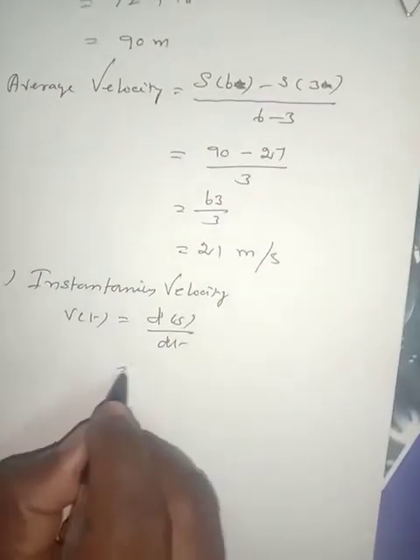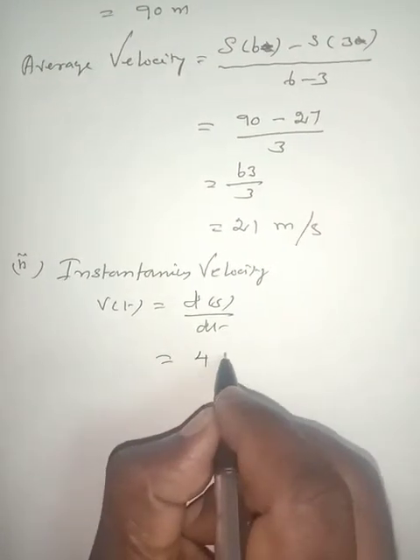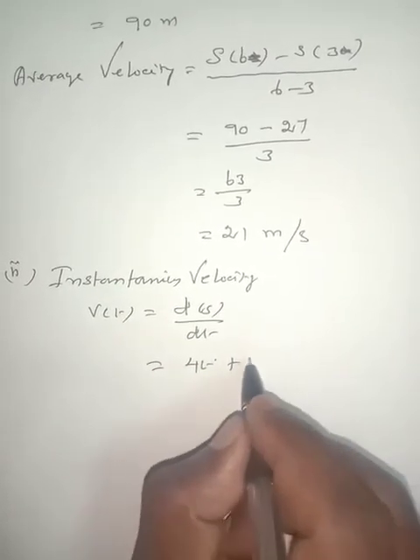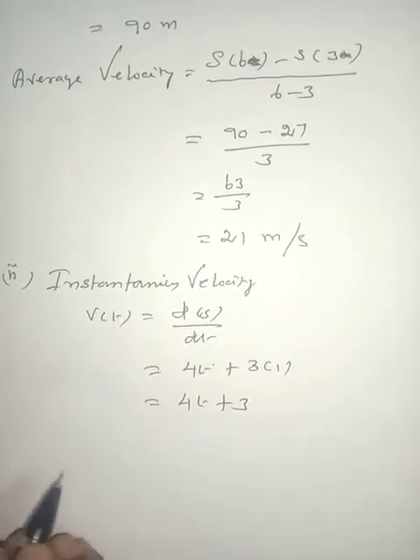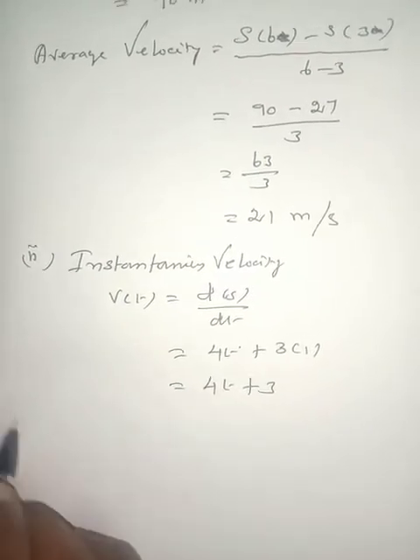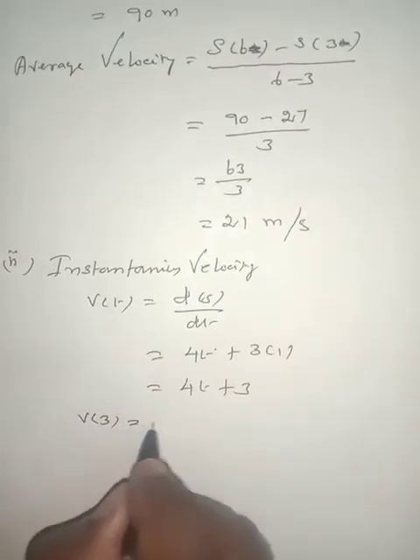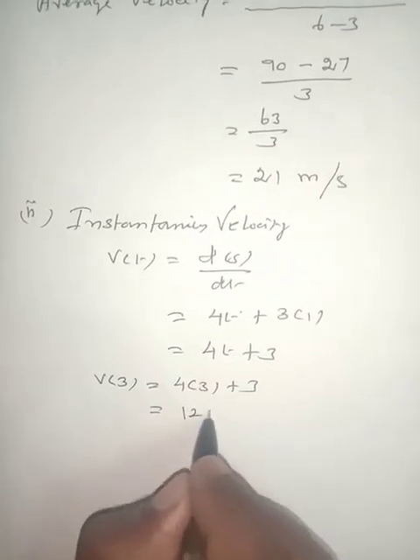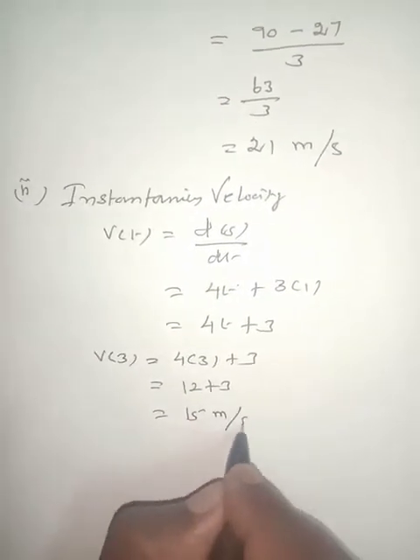One time differentiation gives 4t plus 3 into 1 is equal to 4t plus 3. Now v of t means velocity at a time t. Now v of 3 is, substitute t is equal to 3. We have 4 into 3 plus 3, 12 plus 3 is equal to 15 meter per second.